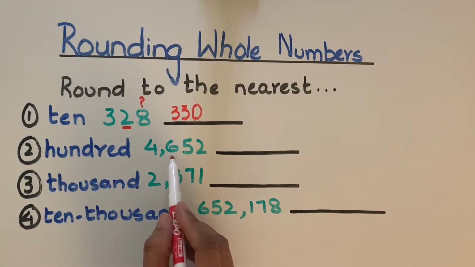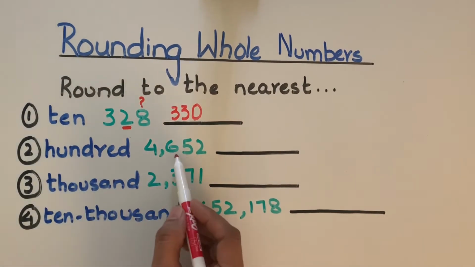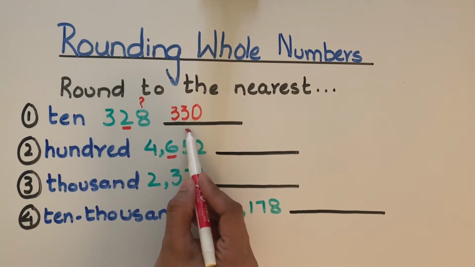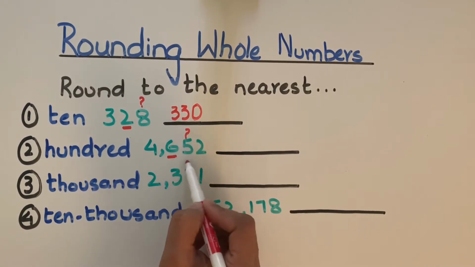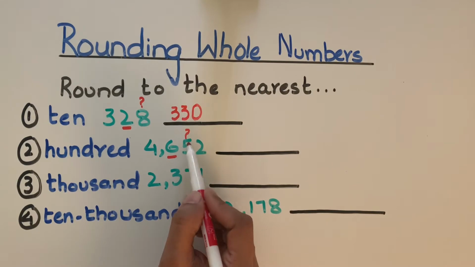Here we have to round this number to the nearest 100. This is the hundreds place, and we're going to check this place. Here we have 5. Let's use that little saying together. 5 or more, raise the score. 5 or more.